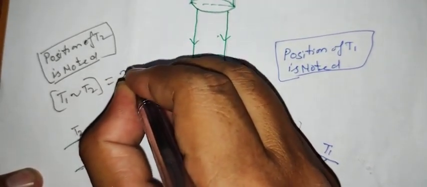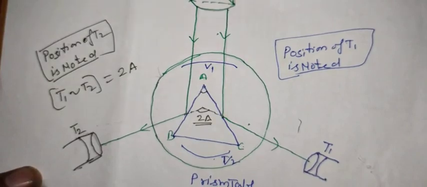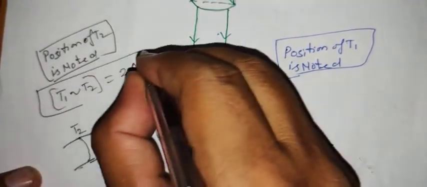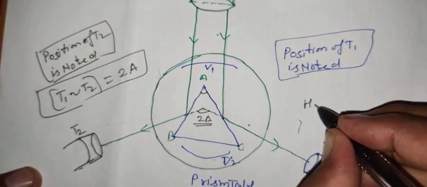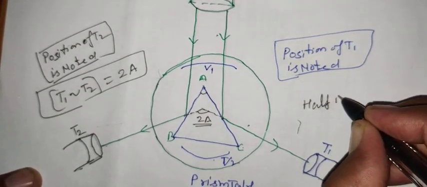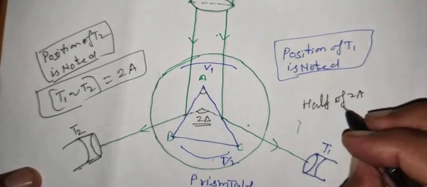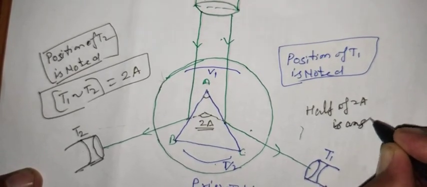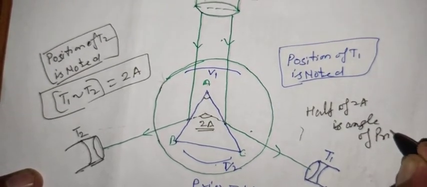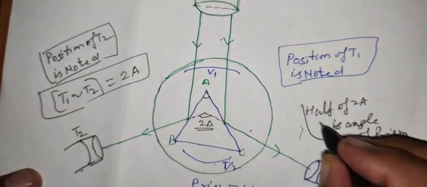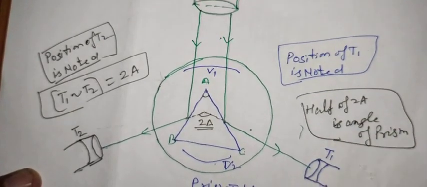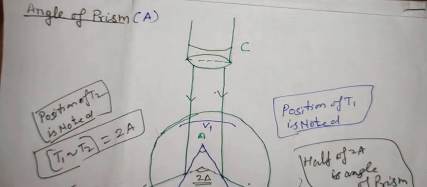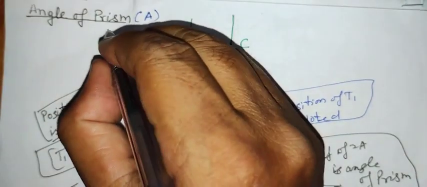This is equal to twice the angle of the prism, and half of it, A, is the angle of the prism. So in this way, the angle of the prism is determined.